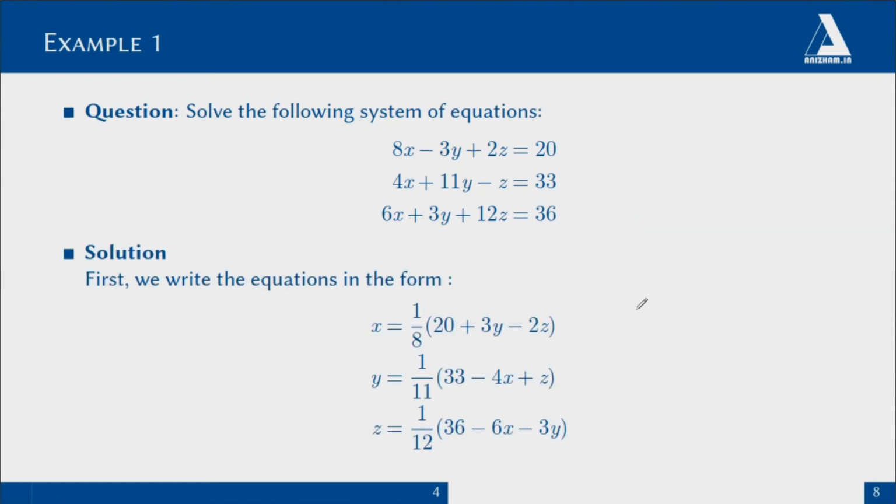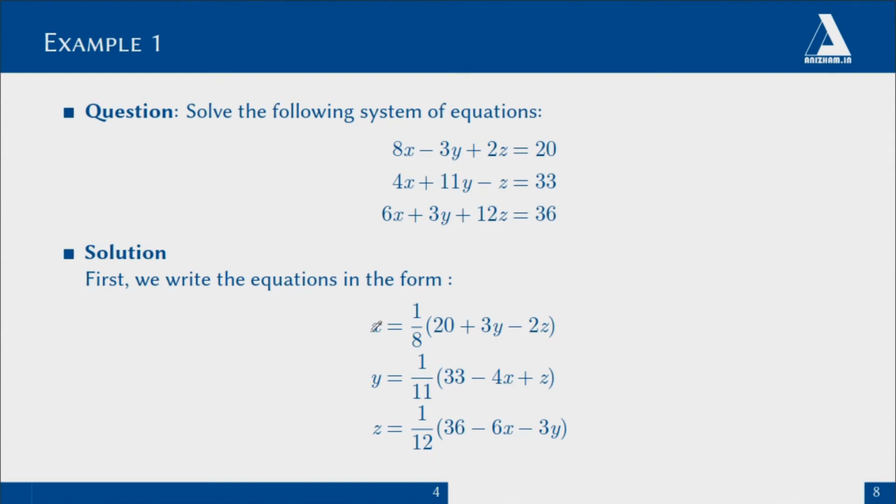Now, as we said earlier, the first step in solving this system of equations using the Gauss Seidel method is to write the equations in the form such that the left hand side consists only of the variable and the right hand side consists of a function of all other variables and constants.